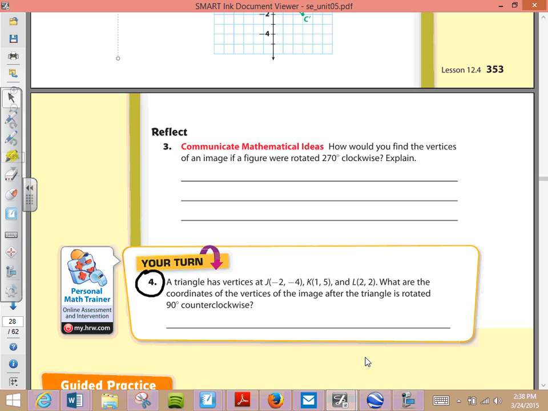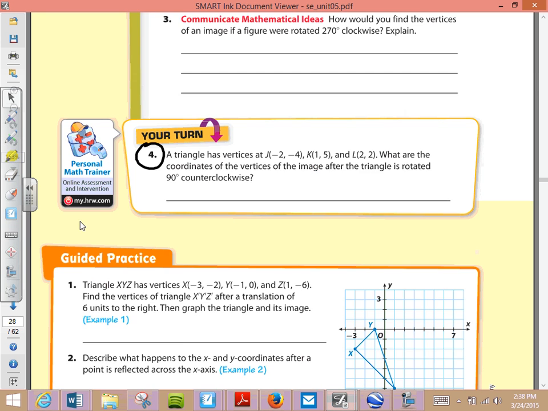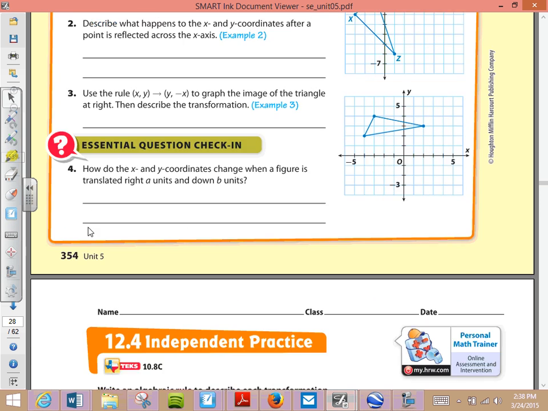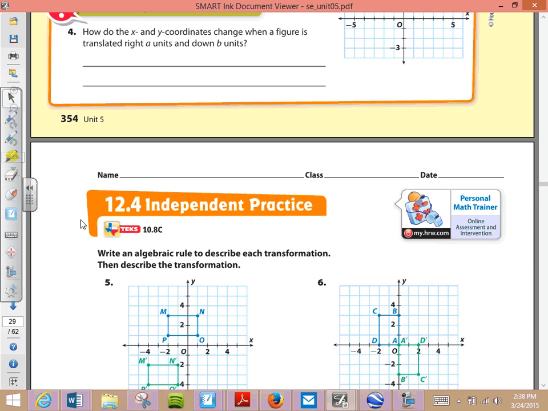So you're going to have plenty of time to work on these. Go to the ones that I asked you to circle. Go to page 352 and circle number 1 when it says your turn.